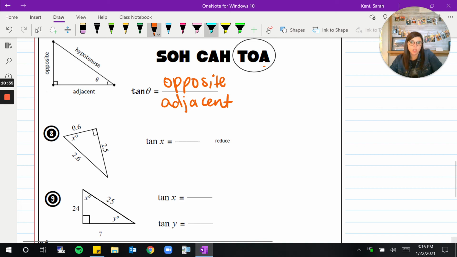So when we look, here is my angle. Our opposite side is across, and our adjacent side is right next to it. So you can still look and find the hypotenuse across from that angle, so you know, nope, I do not use the hypotenuse.